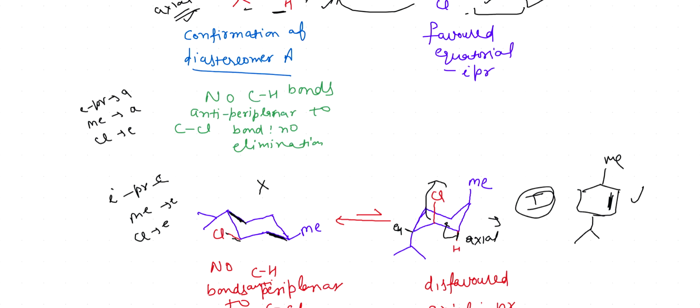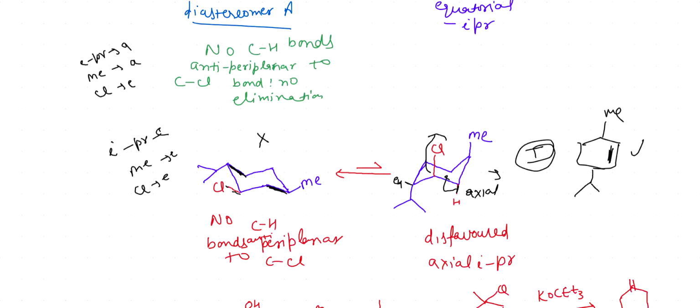So when we draw the chair conformation of this substituted cyclohexyl group, in this case all are present at the equatorial position. So this is more stable as compared to this. In this, isopropyl and methyl groups are present at the axial position. So steric hindrance in this chair form is more as compared to this. So the ring inversion in the forward direction is less, but in the backward direction it is to a greater extent.